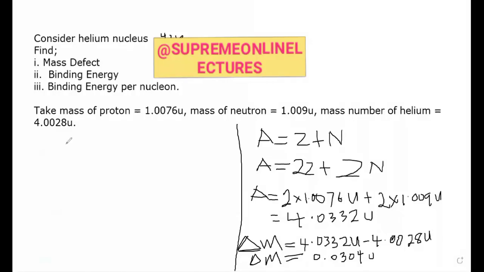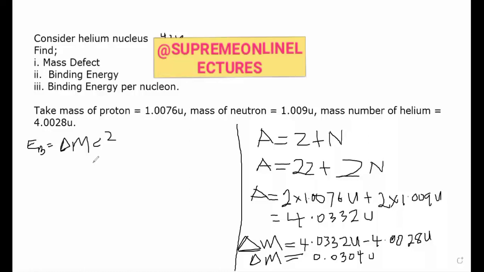Okay, so I find the binding energy. Binding energy is simply converting this mass defect into energy. Remember that binding energy EB equals mc squared.